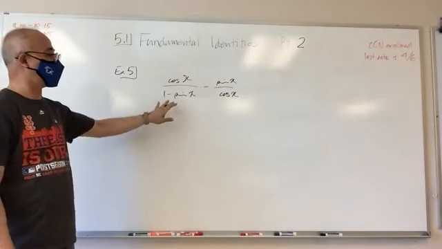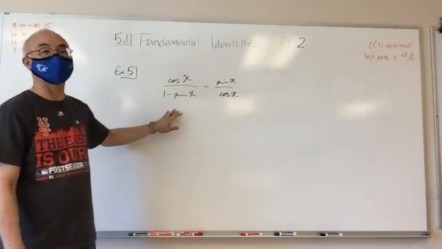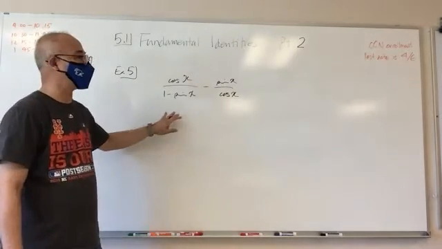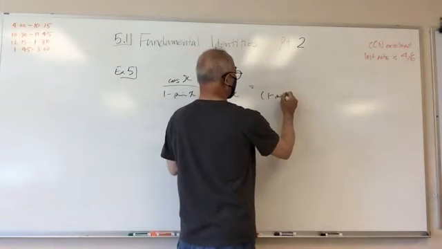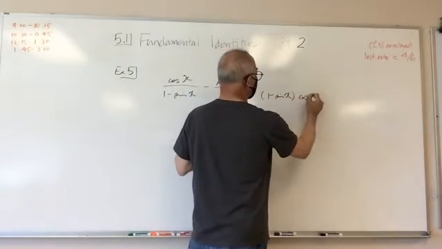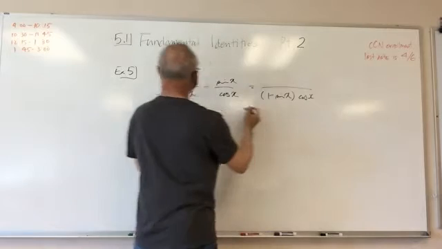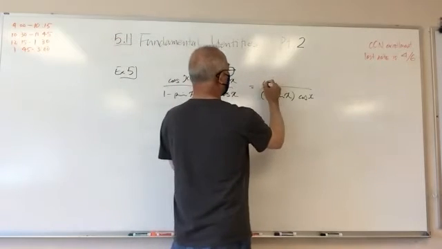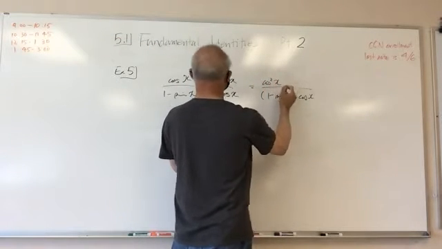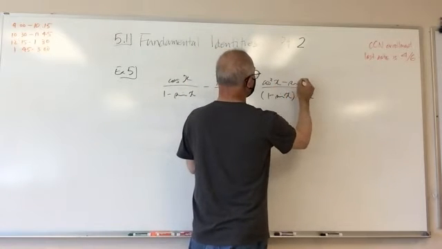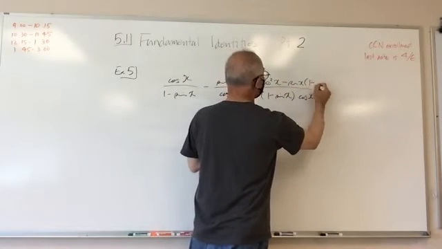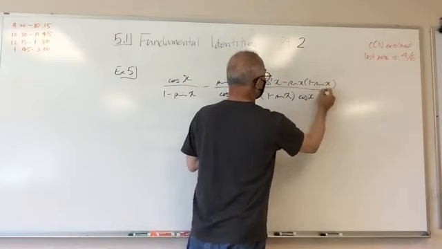So let's go ahead and try to combine the denominators, okay? Let's combine the denominators and see what that does for us. So I have 1 minus sine x times cosine x. Over here, I'm going to multiply it like this, so I'm going to get cosine squared x. I'm going to multiply like this, I'm going to get minus sine x times 1 minus sine x.